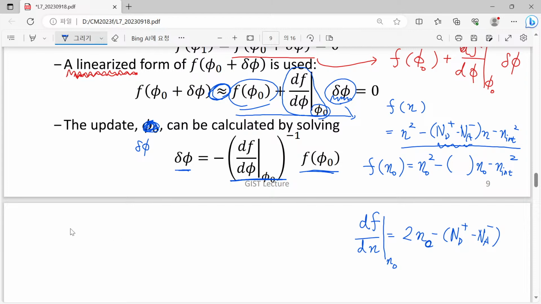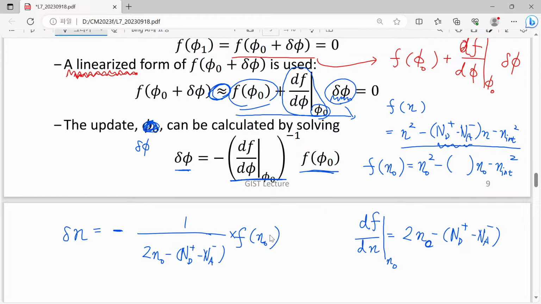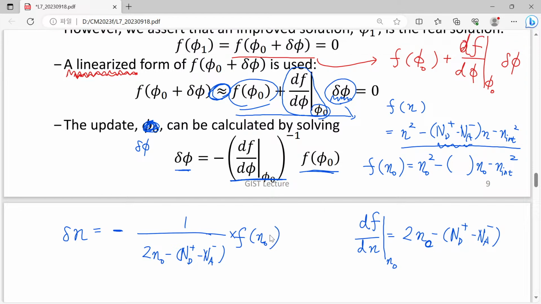Simply speaking, in this case, delta n in our previous example can be obtained by dividing f at n naught by 2 n naught minus Nd plus, minus Na minus. That will be the solution of our update delta n.